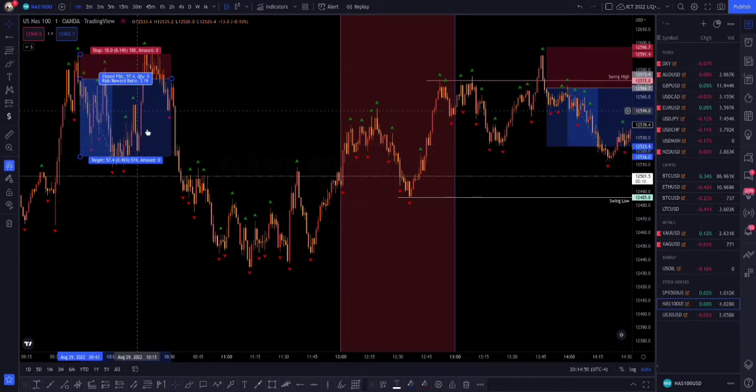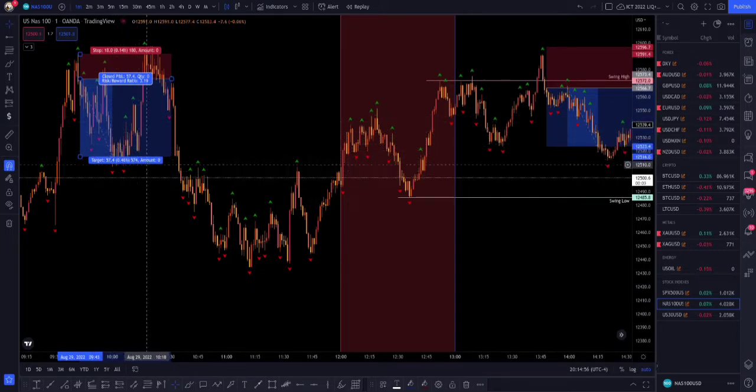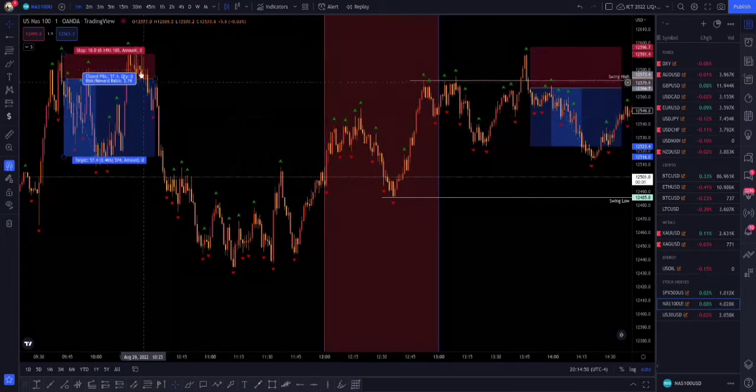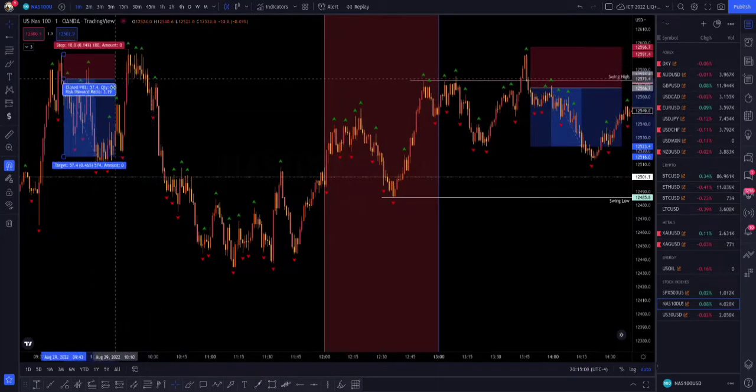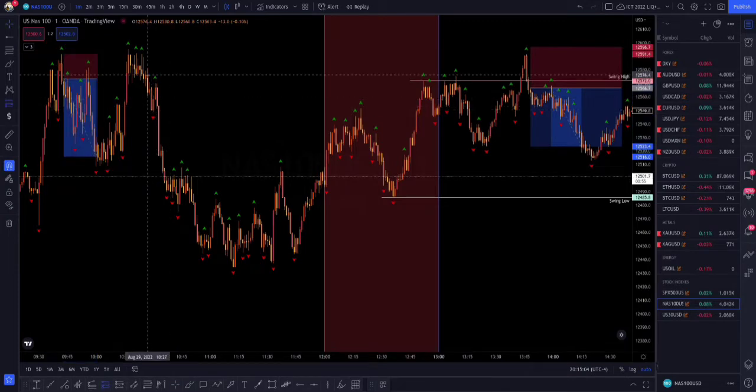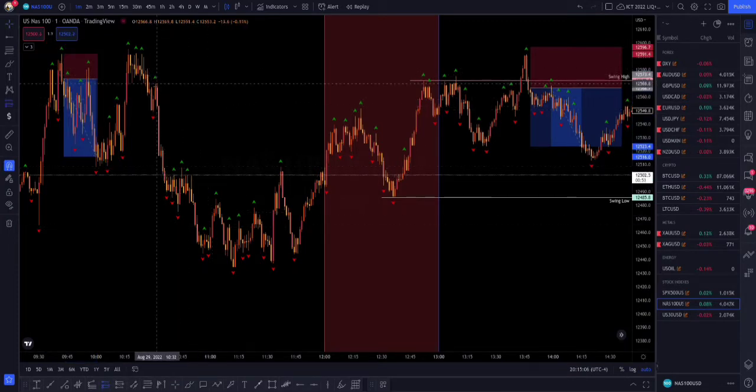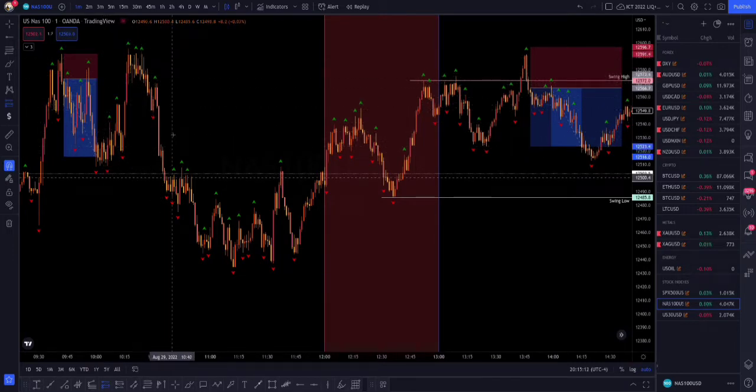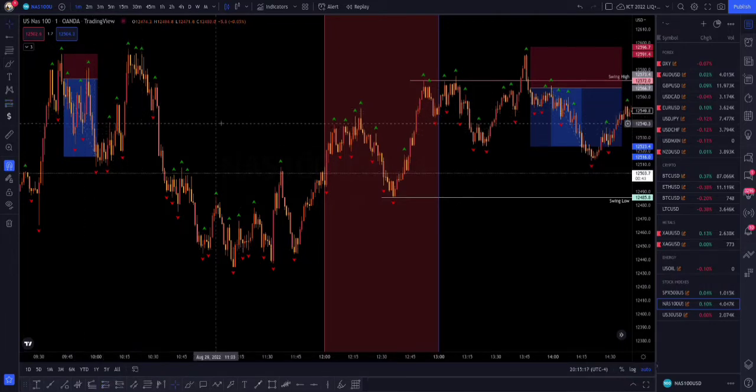So I took about 20 pips off of this, partial profit, like 50%. And that ended the AM session.